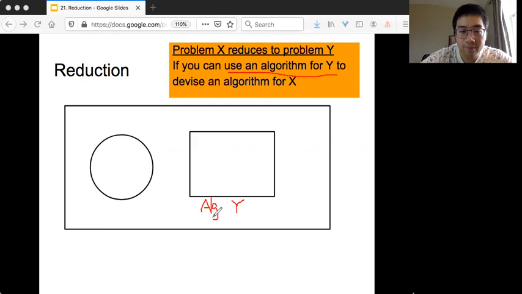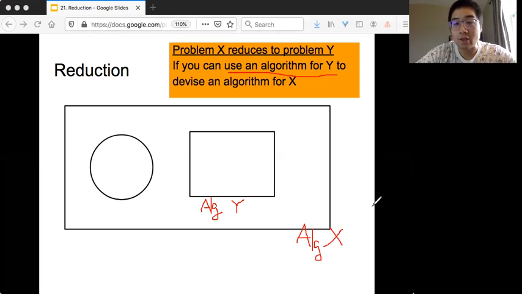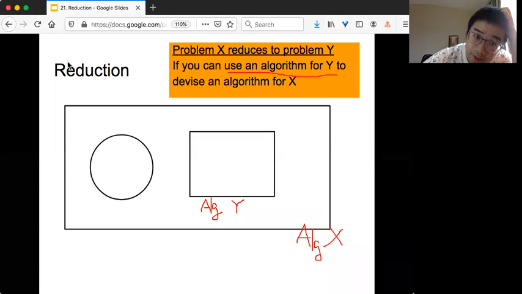And then you use this to design something for the problem X. So the outer larger rectangle is called algorithm for X, okay? And the key for reduction is that you are going to use this smaller rectangle as a black box. And the meaning of the circle will become clear later. So now that's a reduction.